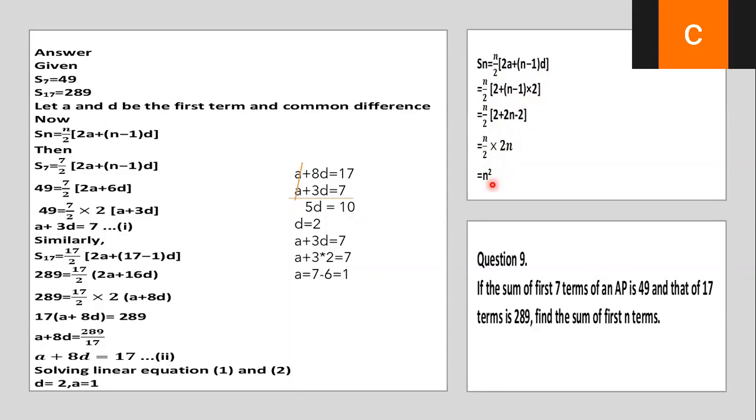Where have we used this formula, children, in grade 8? Sum of first n terms of natural numbers is N square. You have learned this in some chapter properties. Algebraic expressions, ma'am? No. Linear equation?